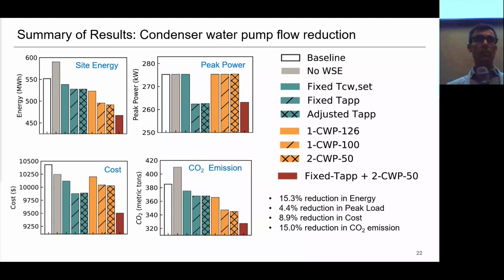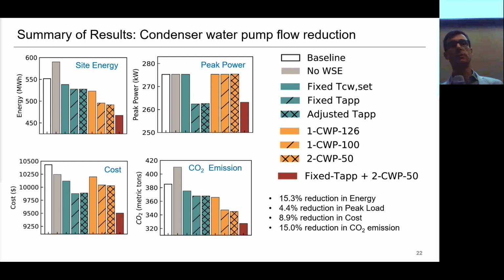And we looked into 3 variations. So in orange, first is to have one condenser water pump operating at the full load. So that was similar to the base case design. Afterwards, we reduced the flow by about 25%. So that's the middle one of these orange plots.